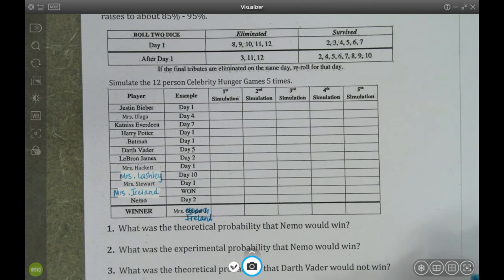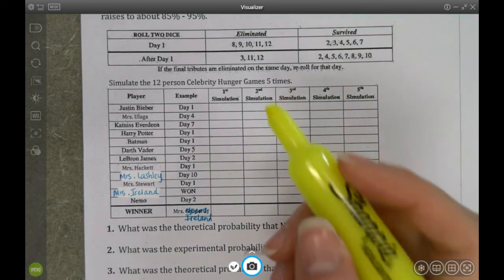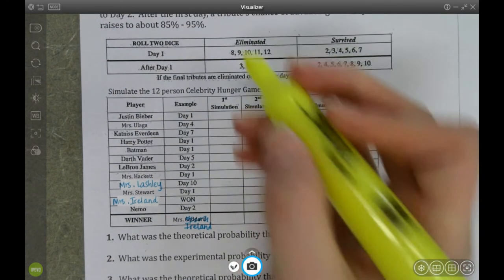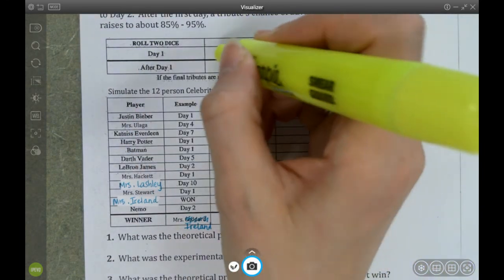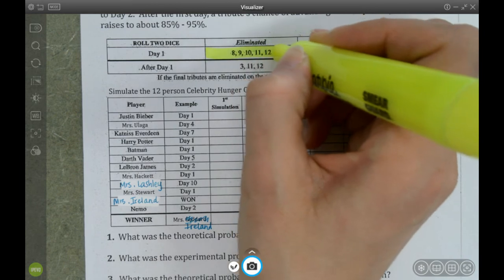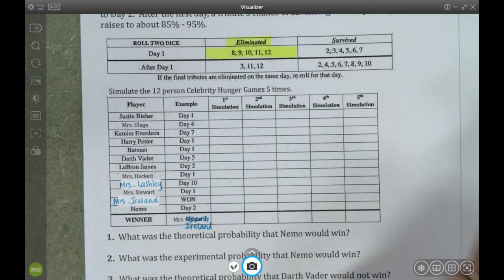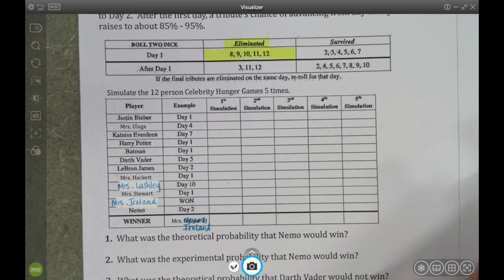Okay, so the way this is going to work, up here at the top, we're going to roll 2 dice for each day. The first time we roll the dice, if we roll an 8, 9, 10, 11, or 12, that person is going to be eliminated.